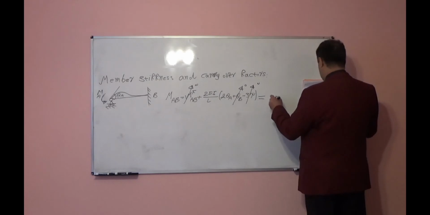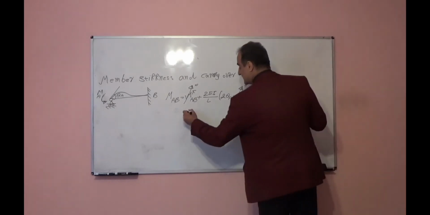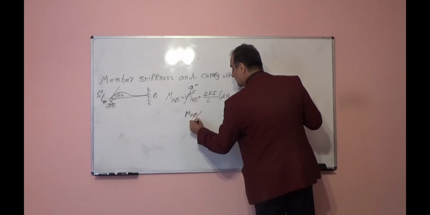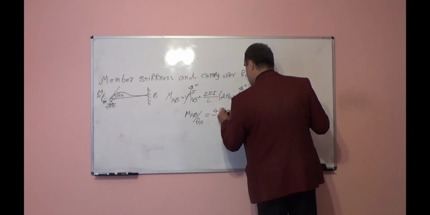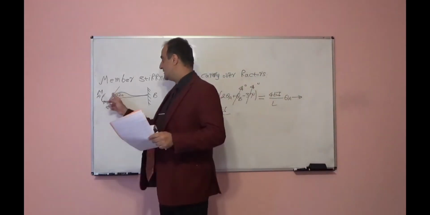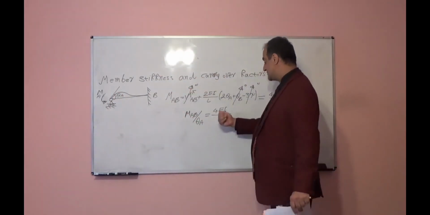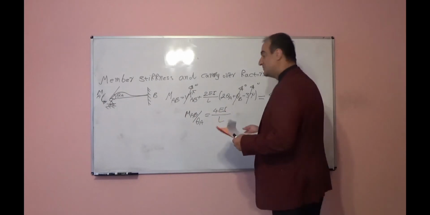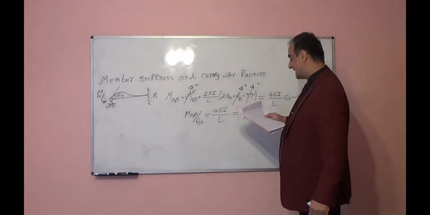From here, MAB will be equal to 4EI over L theta A. So if I find MAB over theta A, it will be equal to 4EI over L. Moment divided by the rotation or slope created by that moment in this system is equal to 4EI over L. It means the rotational stiffness for this system, KAB, is 4EI over L.